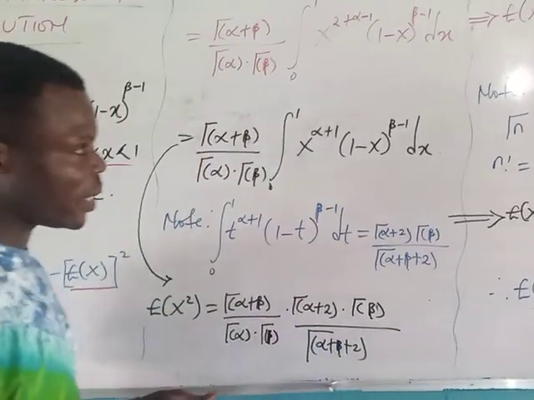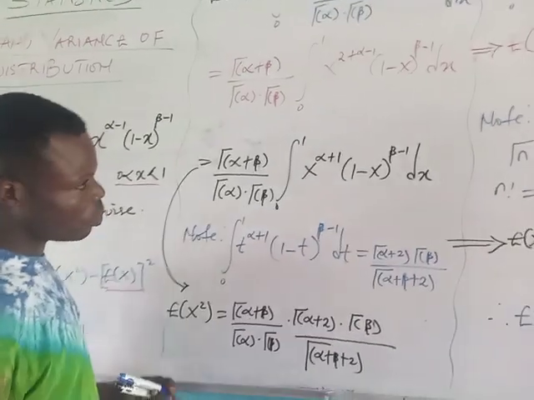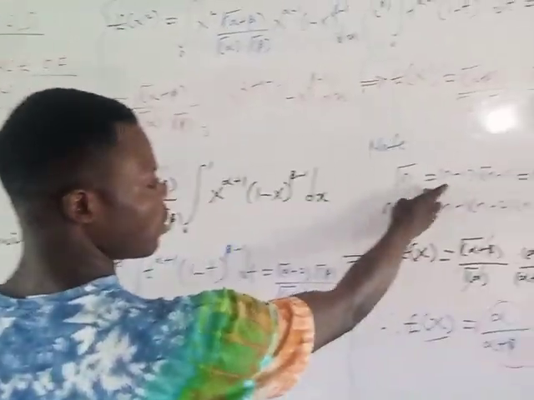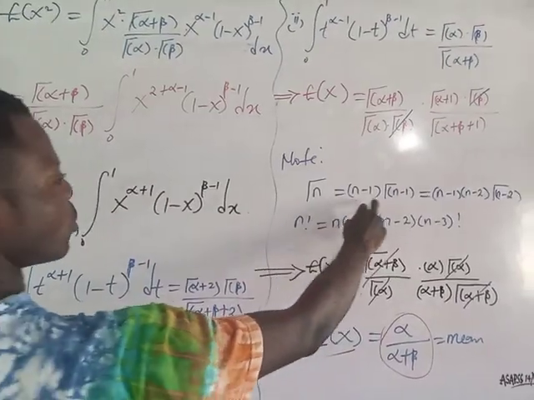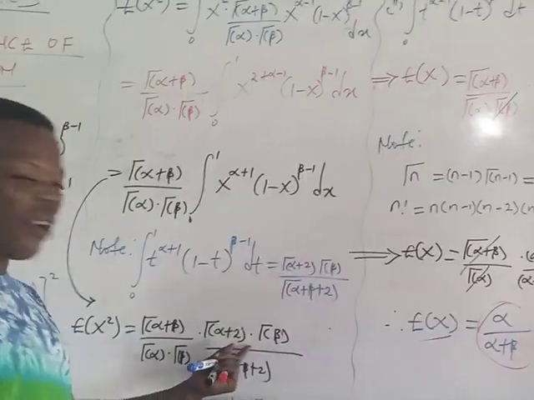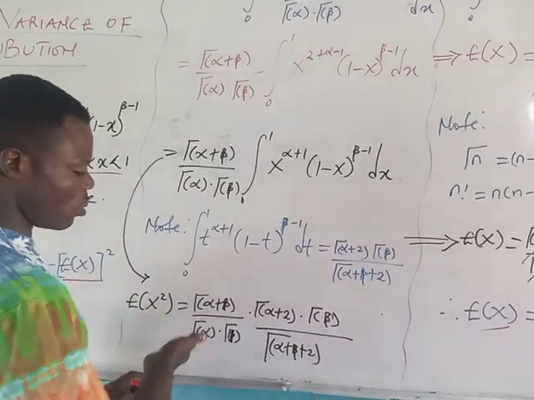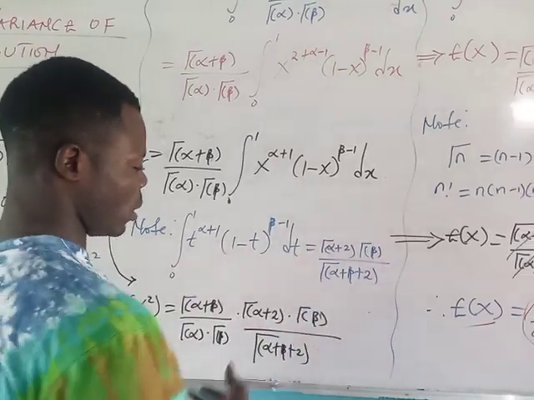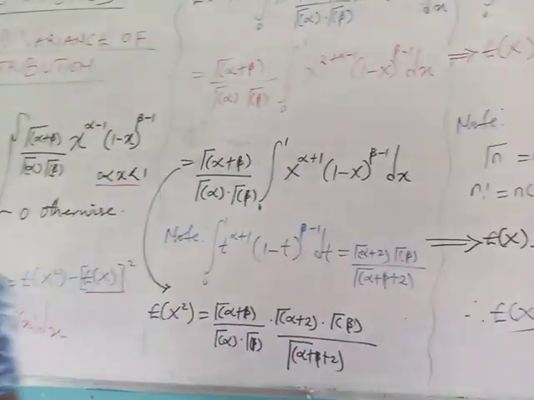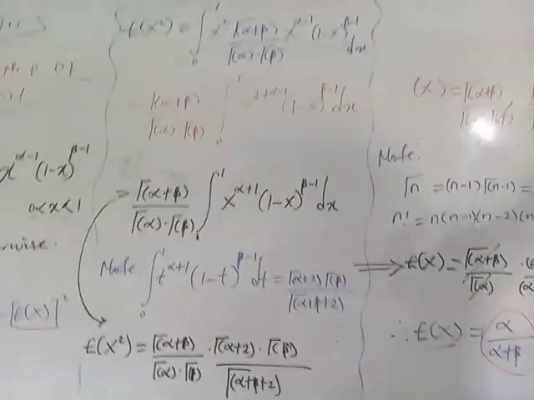What we want to do now is use this method to reduce this gamma function so that we'll be able to cancel those that are like terms in the fractional term.